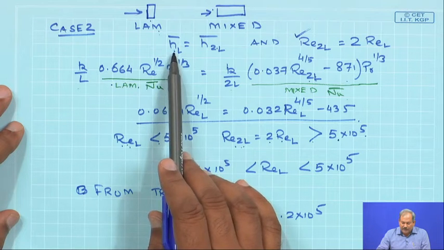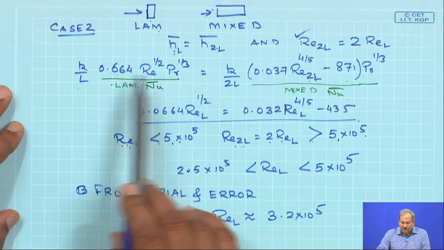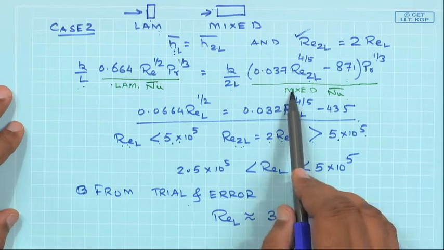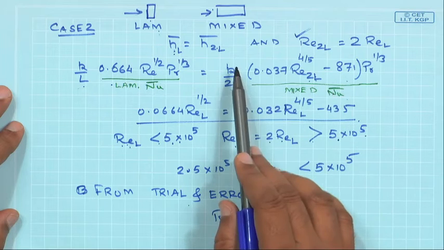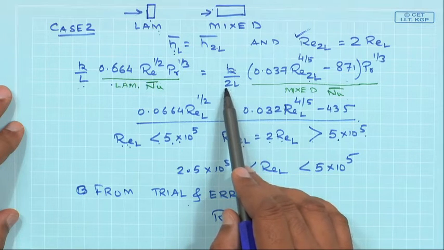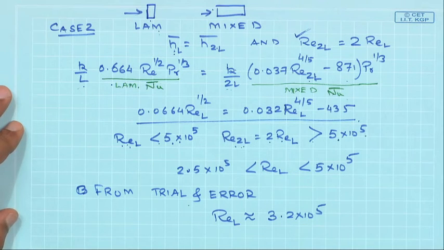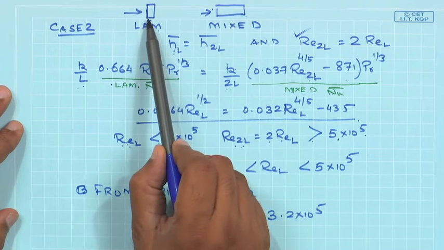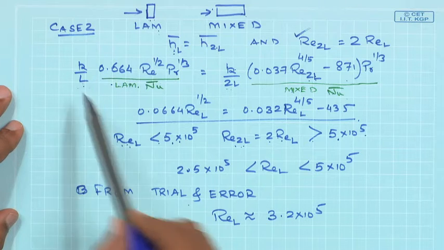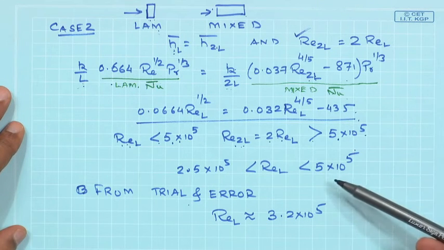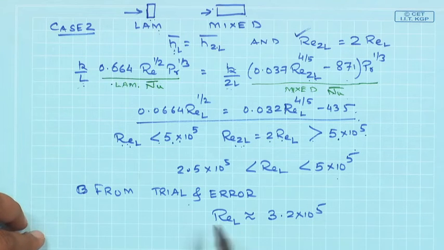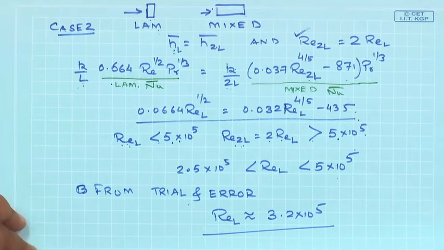Since it is laminar, I use the laminar Nusselt number relation, multiply it with K by L. This side I use the mixed Nusselt number relation, multiply it with K by twice L. Just remember why we are using twice L, because the length involved in this is twice L, whereas the length over which the flow takes place involves L. Do this, identify the range in which your Reynolds number must lie. From a trial and error, find out the Reynolds number value for this specific case.